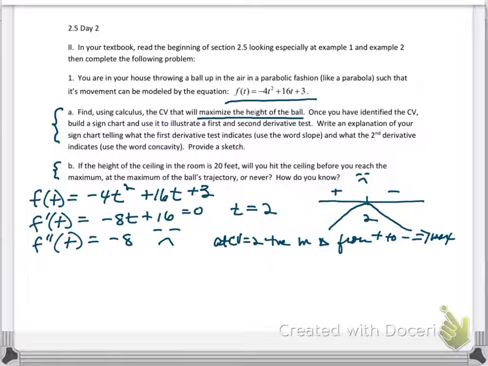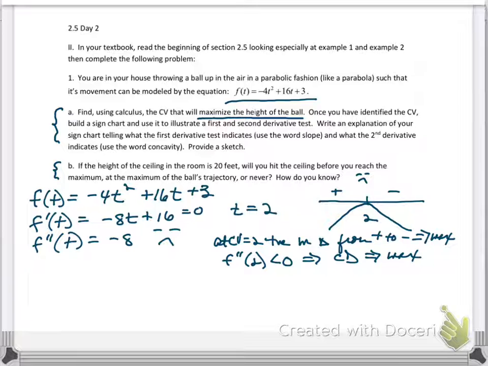And then I can say that f prime prime of 2 is less than 0. So therefore, that gives me concave down. So here I've used the word concavity. And that leads to a max. Okay, so I have the sign chart and I have my statement.